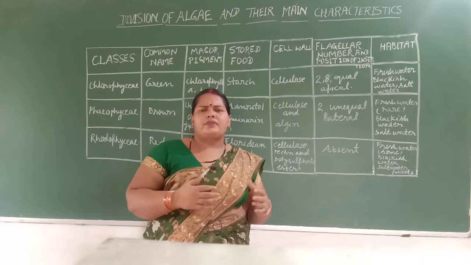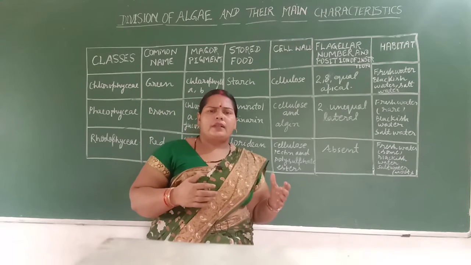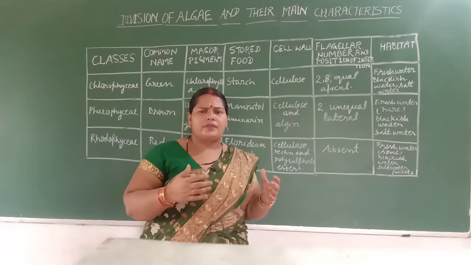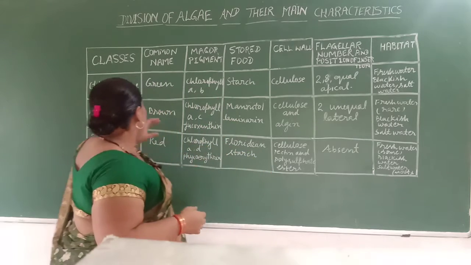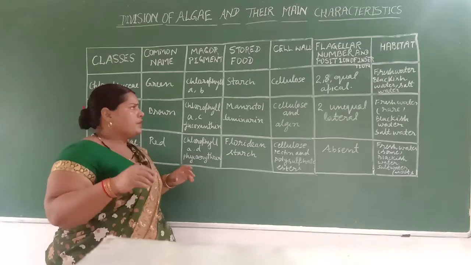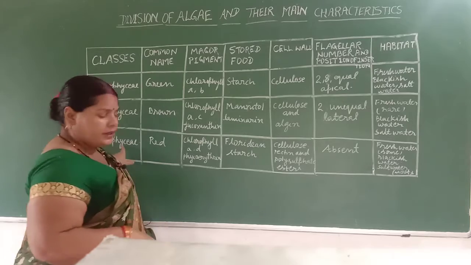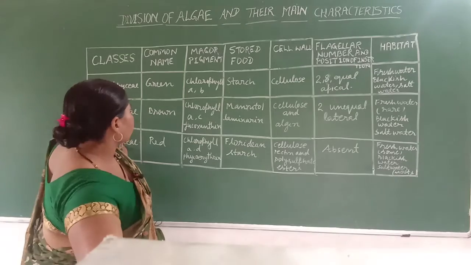So different types of algae are found in different types of environments and conditions, having cell walls and different characteristics. You can see the algae are divided into three parts. First is the chlorophyceae, second is the phaeophyceae, and third is the rhodophyceae.